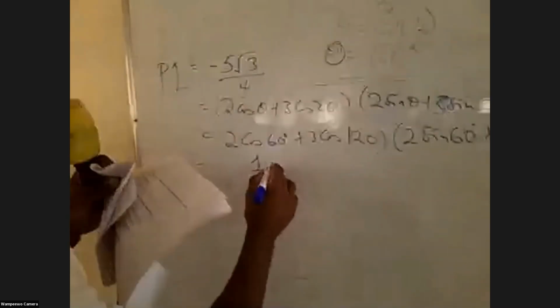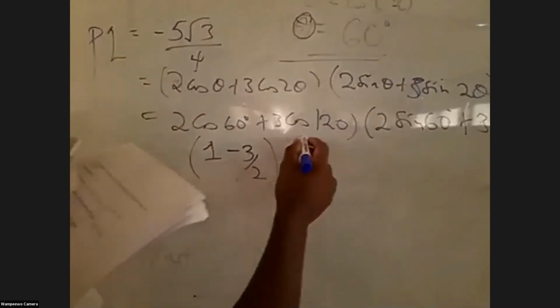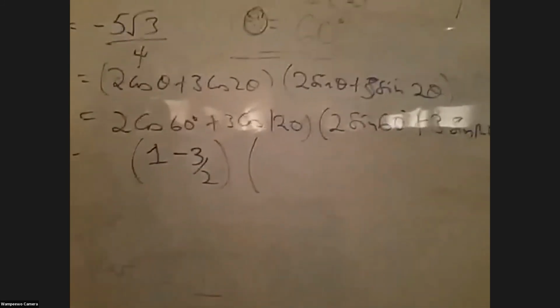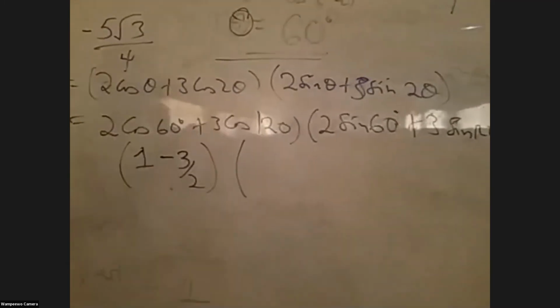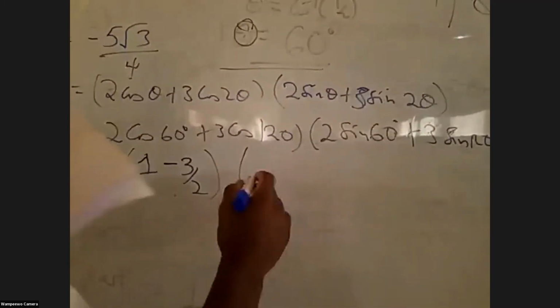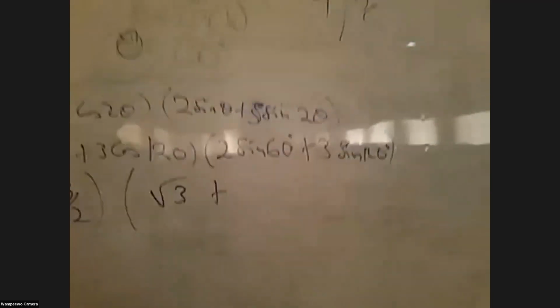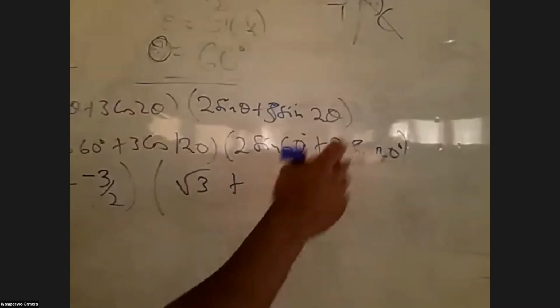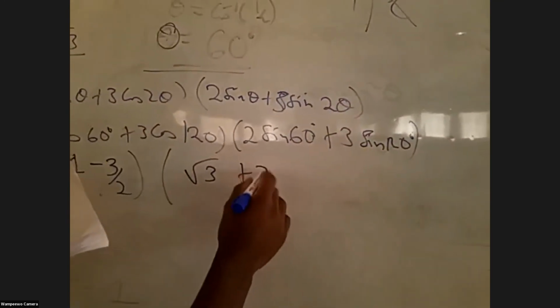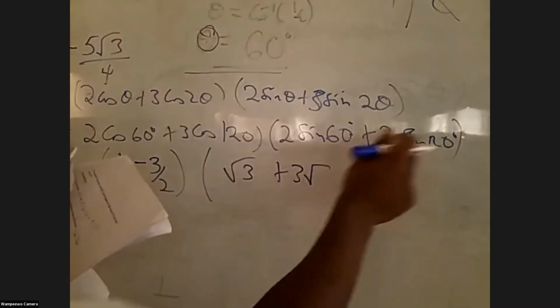That will give me negative half, which will be negative 3 out of 2. Sin of 60 is root 3 over 2, so 2 times root 3 over 2 is root 3, plus sine of 120 is root 3 over 2, which is 3 times root 3 over 2.